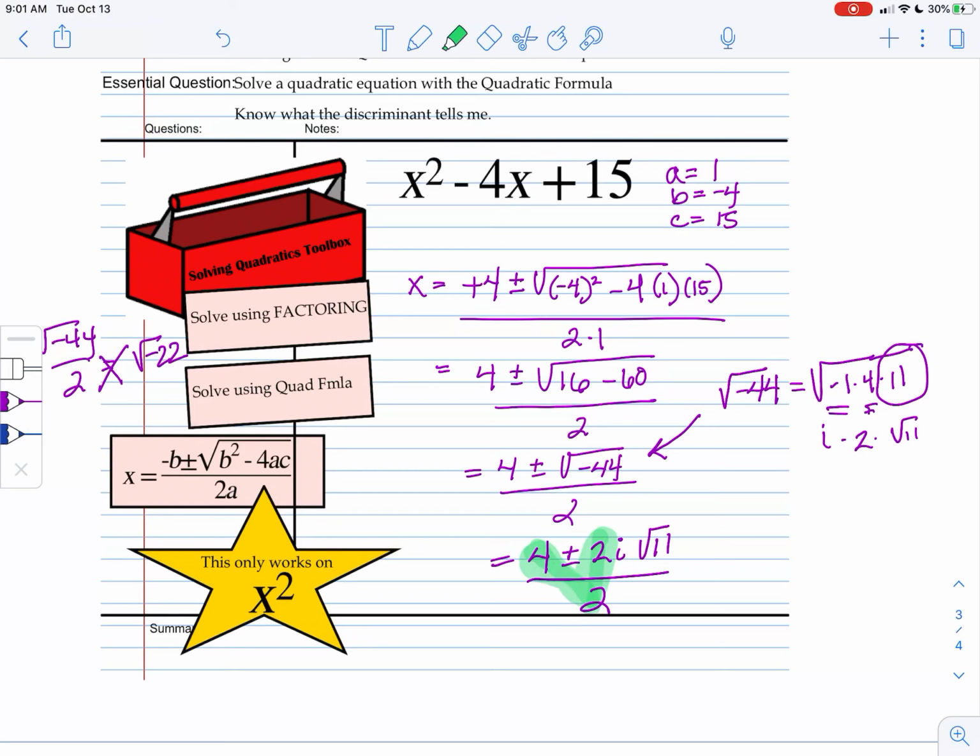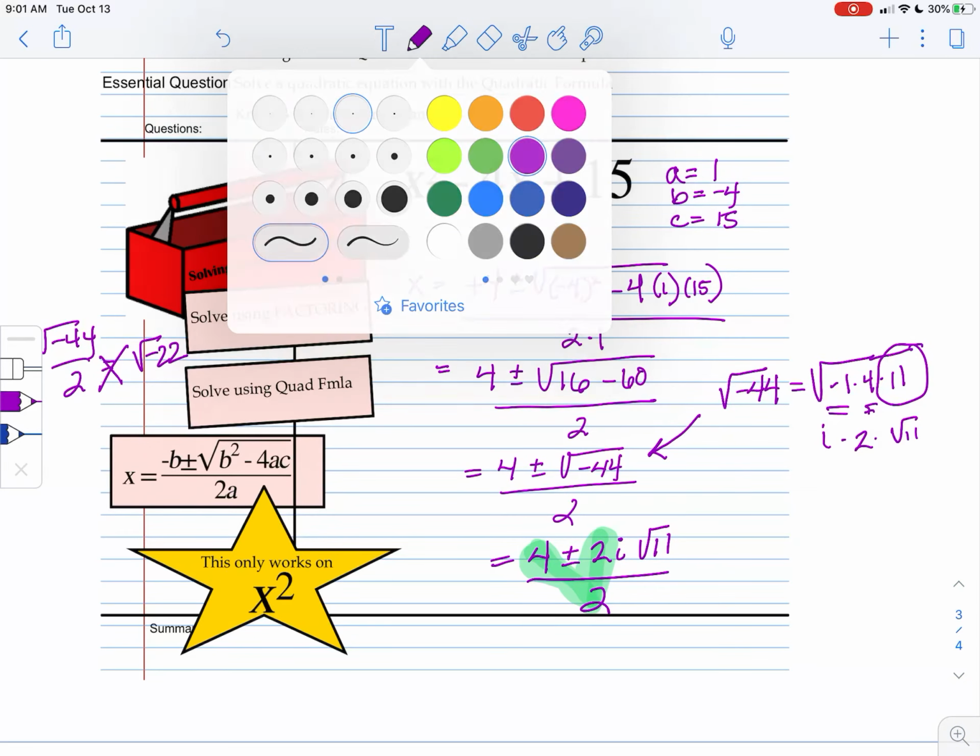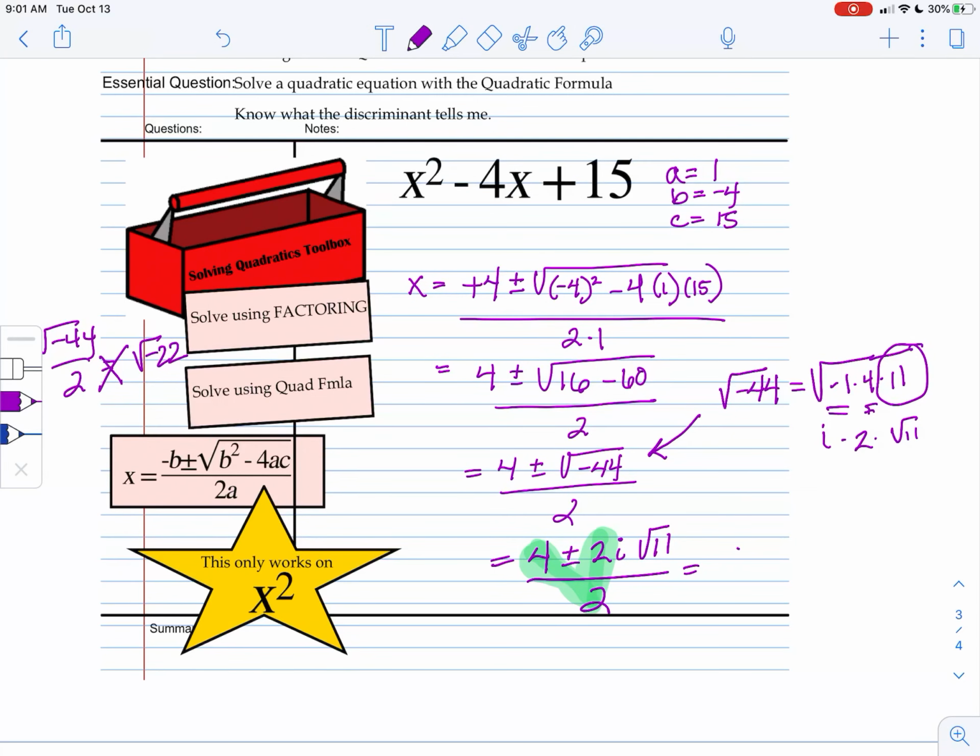If it makes a heart, you can do that. 2 plus or minus i square root 11. These are your two zeros. It means 2 plus i root 11 and 2 minus i root 11. Those are my two zeros, okay?